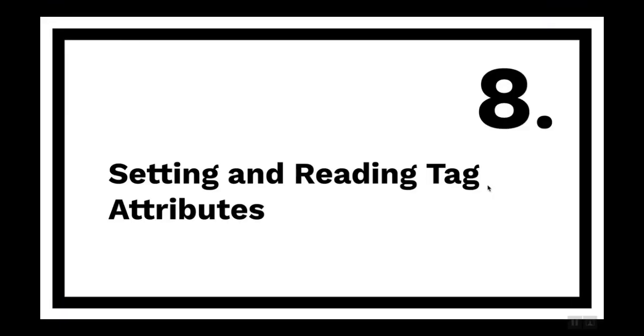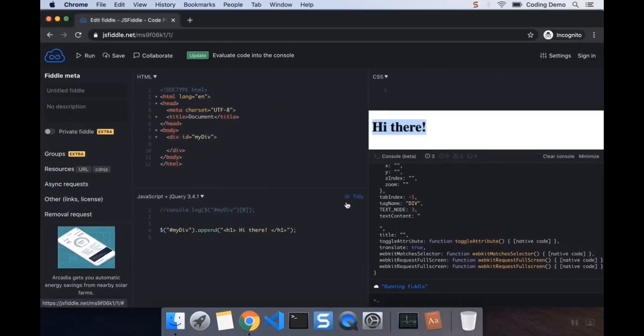We can get attributes of tags which we have selected by using the attribute function. So let's look at the attributes of tags which we already have in our code. Let's add an attribute in our HTML file for our div, my div, and for that we'll say name, let's say main content div.